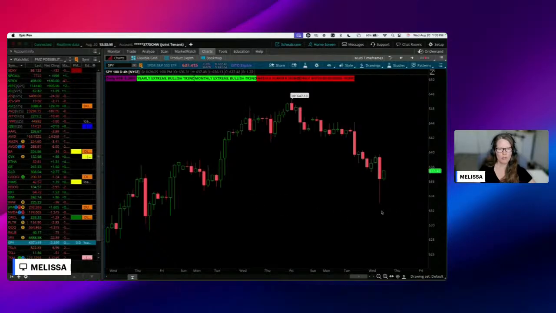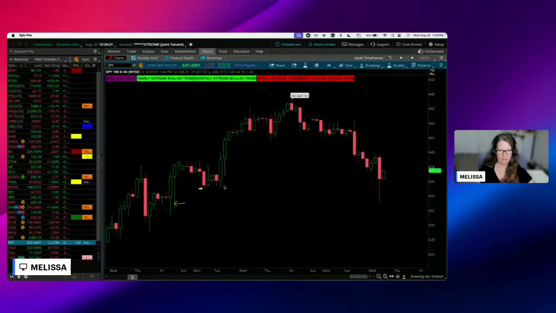So if you look at this canvas, right, this SPY chart as a floor for support, you're going to automatically look down at the bottom, right? Because that's where the floor is at. I want you to notice that you have these long wicks down here below the body of the candles.